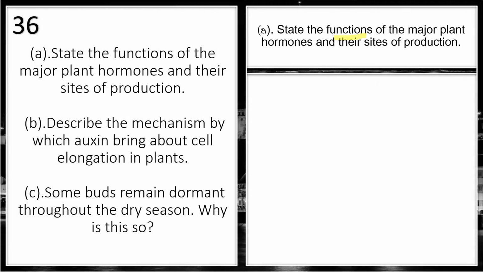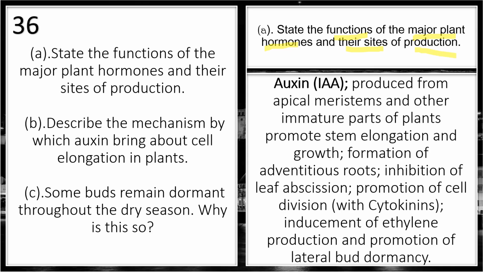State the functions of the major plant hormones and their site of production. We have auxin, indoleacetic acid. These are produced at the apical meristem and other immature parts of the plants.